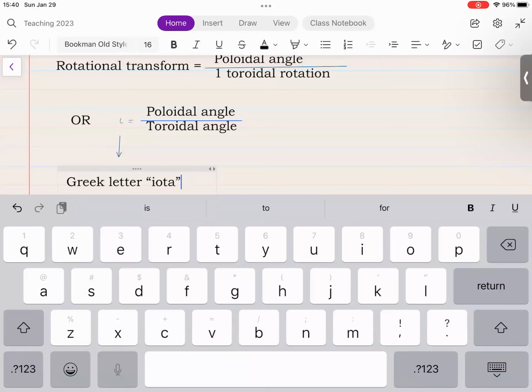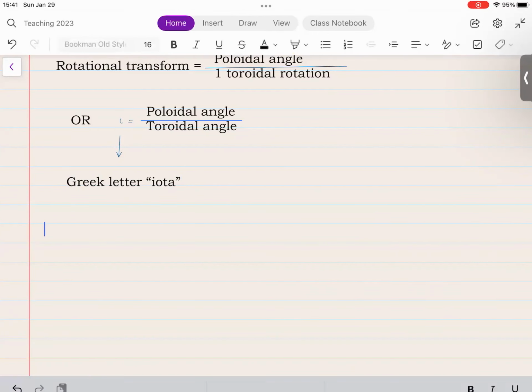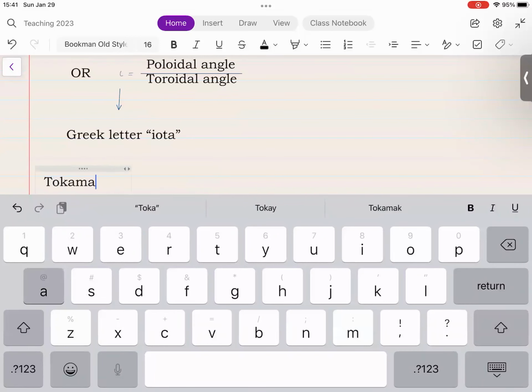If you wonder if we're done, the answer is no. Well, we're not done because this is only lecture 7, but that's not what I mean. What I'm asking is, are we done with this rotational transform business? And in fact, the rotational transform is preferentially used by the stellarator community, while the tokamak community uses the inverse of the rotational transform.